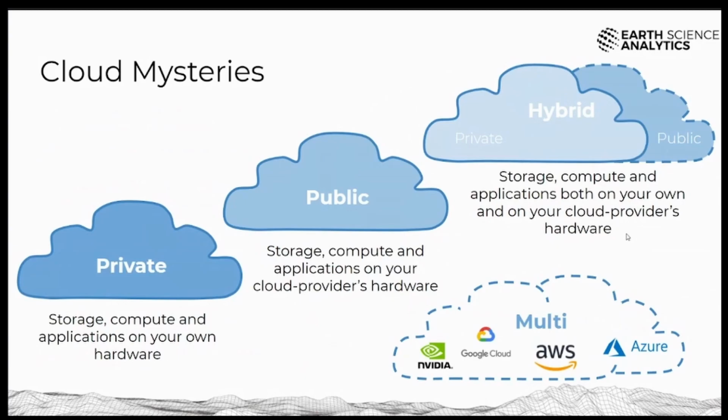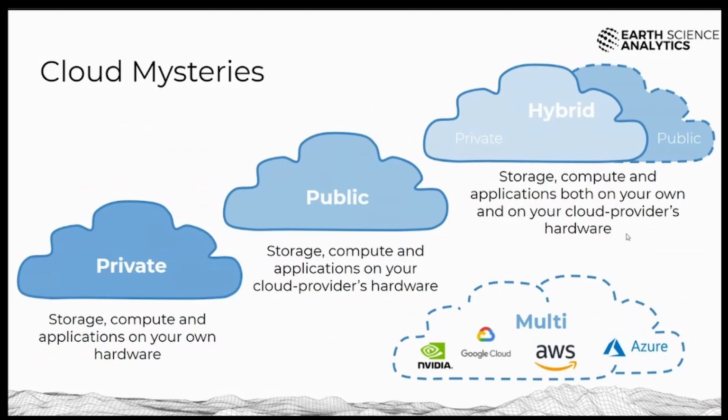You have full control of everything. But of course, in that case, you have to have an organization that manages it. So that is what you don't have to if you go to the public cloud. The public cloud vendors will take care of a lot and have systems that facilitate things for you.